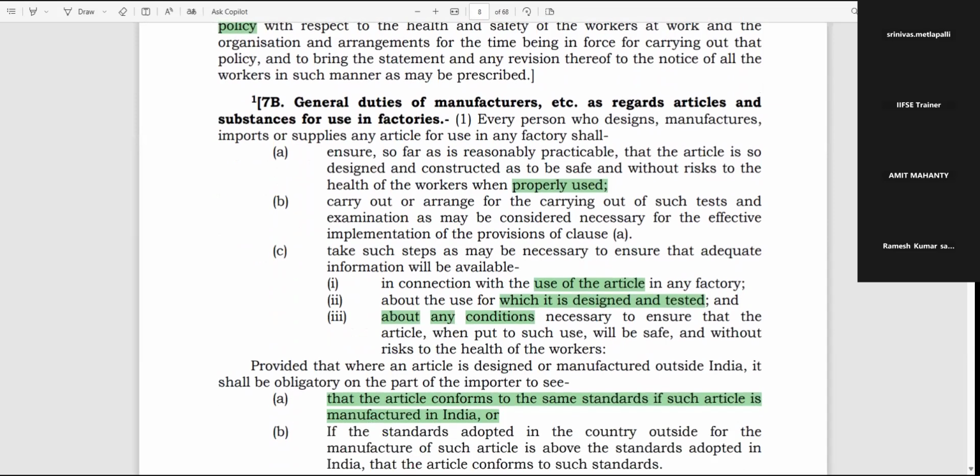Then we have 7B, which is general duties of manufacturers, etc., as regards articles and substances for use in factories.